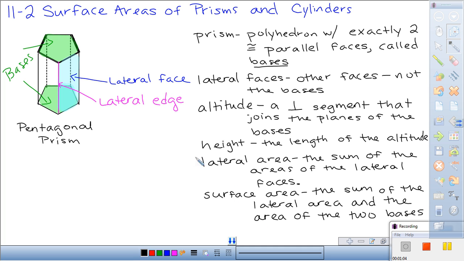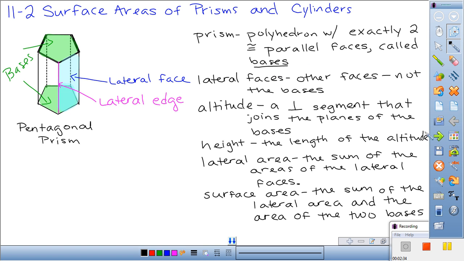So the surface area is basically the area of each individual polygon, or each shape, on your prism. So your surface area would be the lateral area, the sum of the areas of all of your lateral faces, in this case rectangles, plus the area of your two bases. And you know your two bases are always the same. They have to be, since it's a prism.